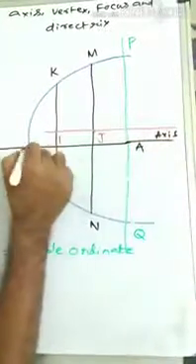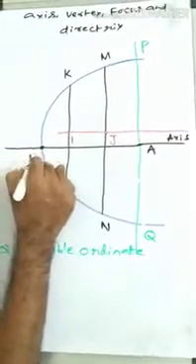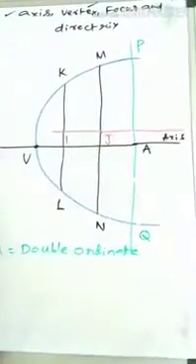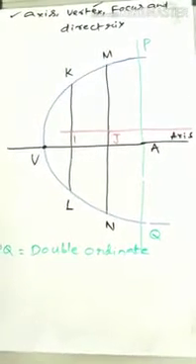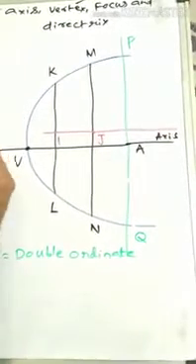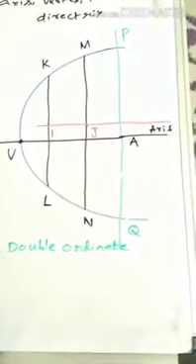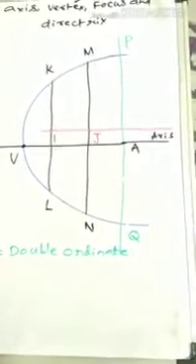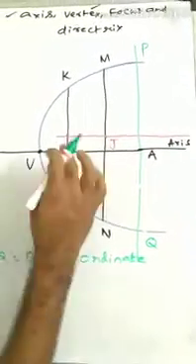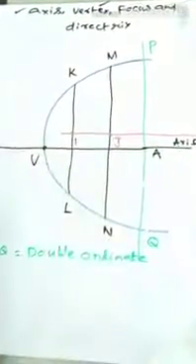When the axis is drawn, the vertex is located. Now, how to draw its focus and directrix. Now VA is going to be some distance.